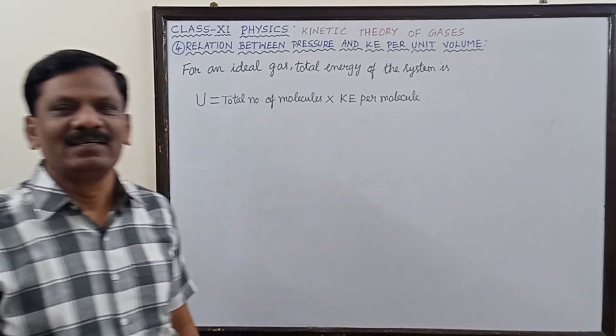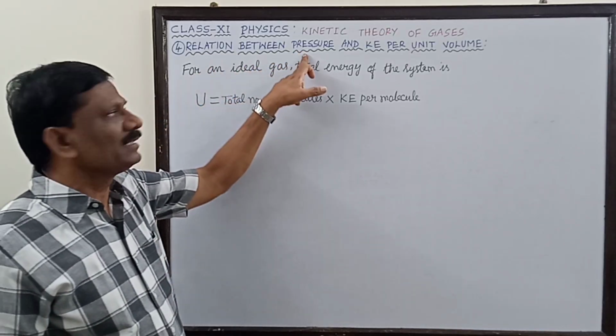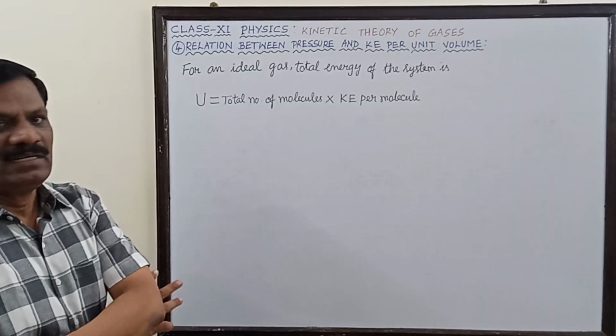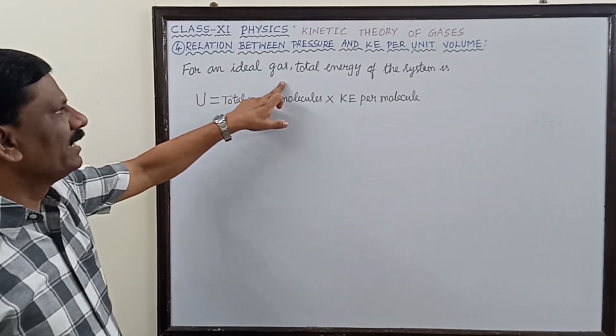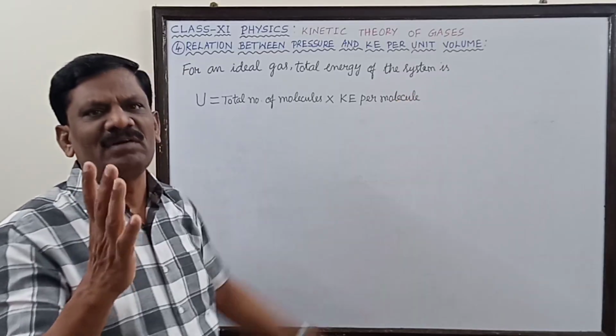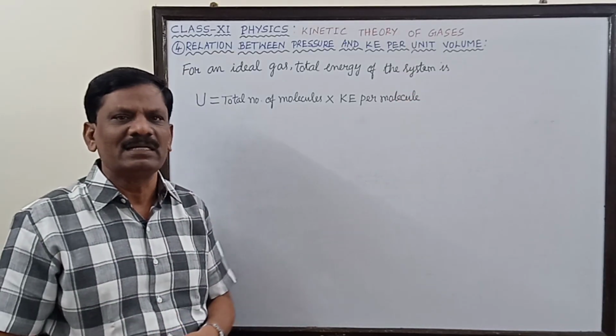Hi students, now we are going to derive the relationship between pressure and kinetic energy per unit volume of a gas. Now for an ideal gas, the total energy of the system is equal to the sum of the internal kinetic energy per molecule, isn't it?